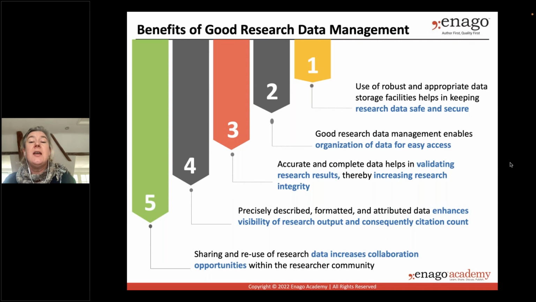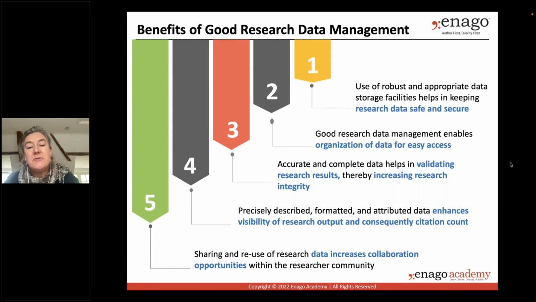So that's the trust and transparency and so forth. And then if the data are precisely described and formatted and attributed, that improves the visibility of the data as a research output, and it should, through increased impact, actually increase things like citation counts and other accreditation opportunities for the researchers that contributed.